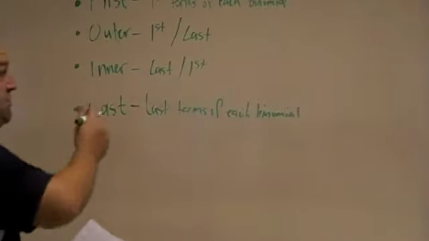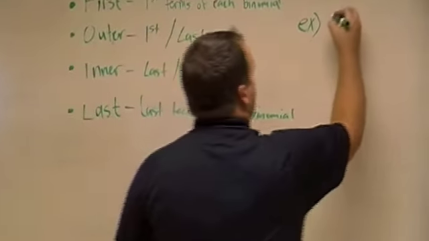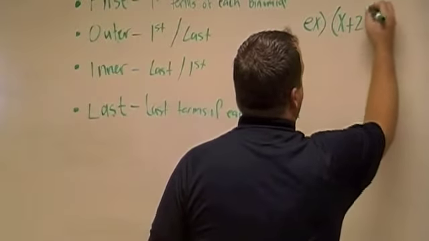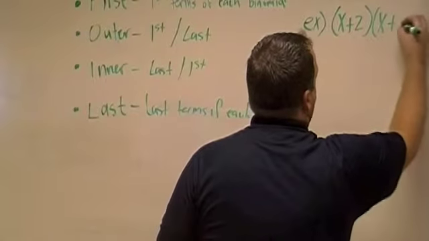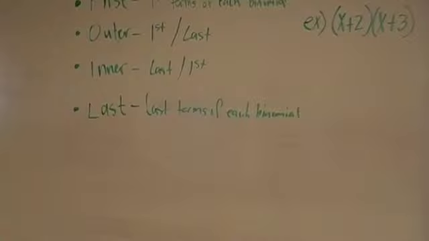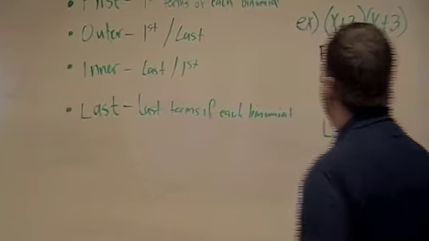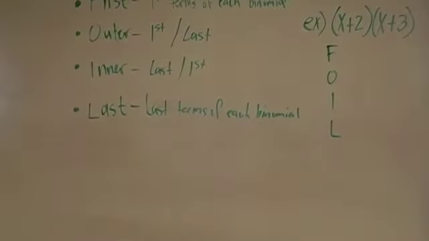Right beside where we put these bullets down, let's do a simple example. Let's say we have x plus 2 times x plus 3. A lot of people online and in books and textbooks and everywhere you get help will write out FOIL vertically like this, and then they'll do what it says.